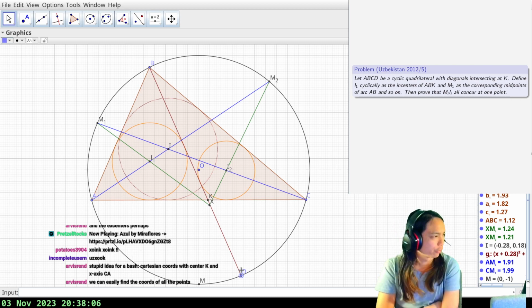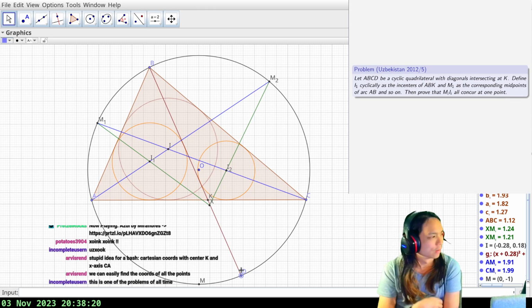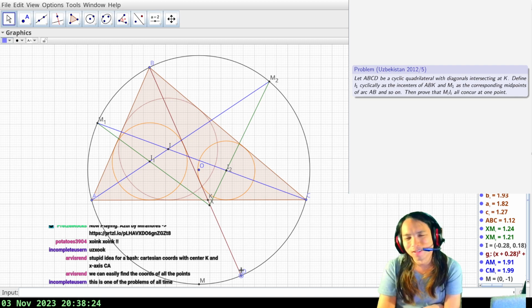I think if you're gonna bash, we should just use complex. You want center K and x-axis. Oh god. That sounds really rough.